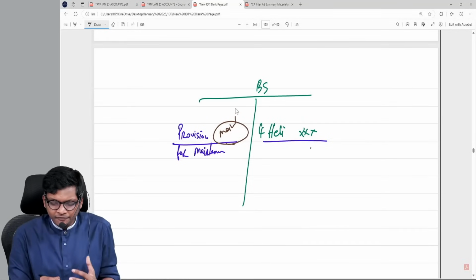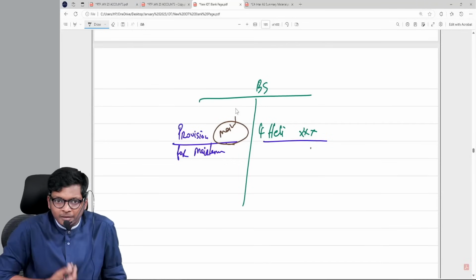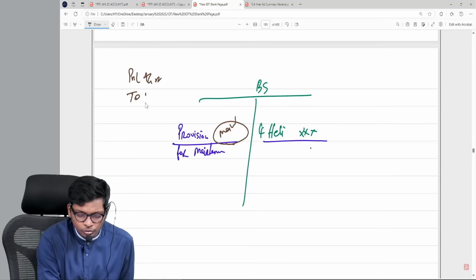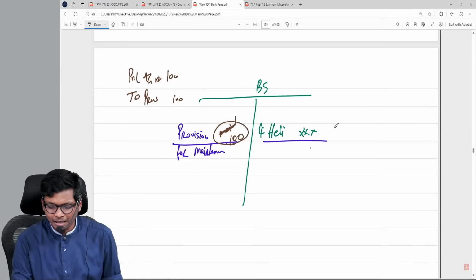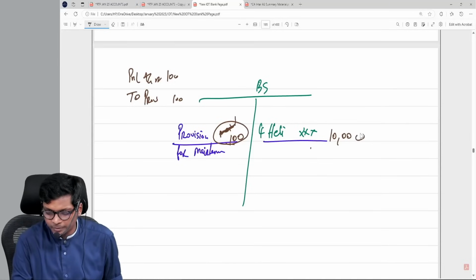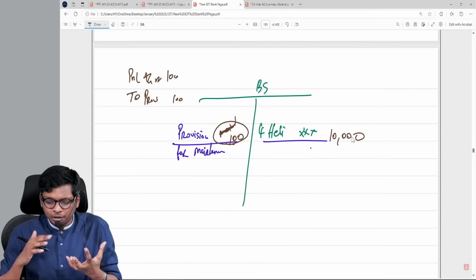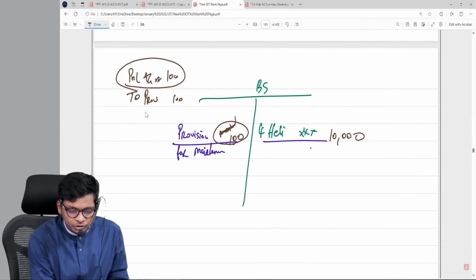Meaning every year the helicopter will have some expense, so I am saving some money every year. Let's say P&L account debit to provision 100, and here there is 100 as a provision. The helicopter could be, let's say, 10,000 rupees. Every year I'm creating a provision so that tomorrow, if there is an expense, I have already debited it before. So this entry I will reverse.